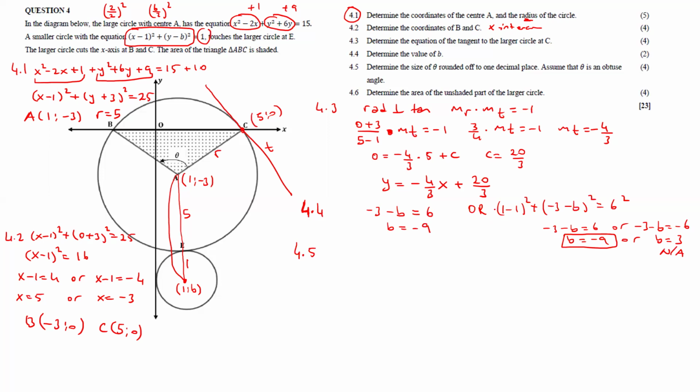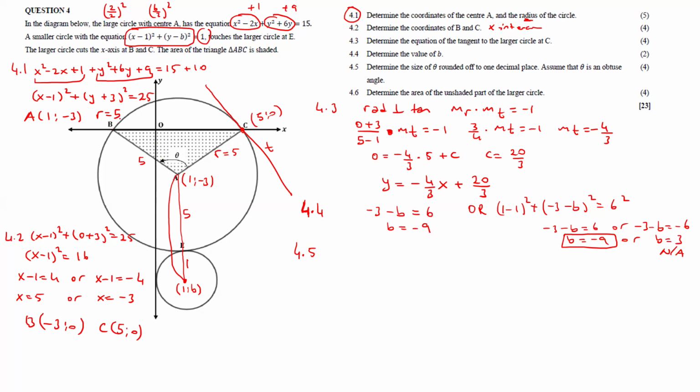Yes, 4.5, determine the size of theta rounded off to one decimal place. Assume that theta is an obtuse angle. So this is trigonometry and analytical geometry combined here. R here is 5. This side is also a radius, that's also 5.